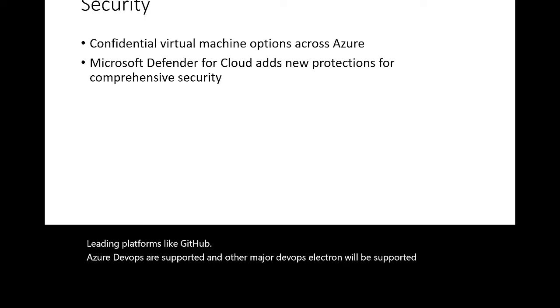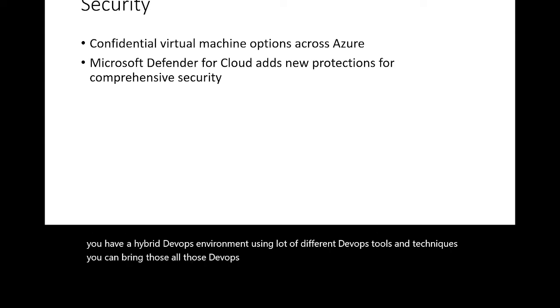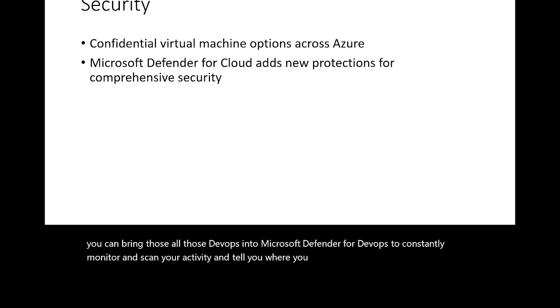So if you have a hybrid DevOps environment using a lot of different DevOps tools and techniques, you can bring all those into Microsoft Defender for DevOps to constantly monitor and scan your activity and tell you where you need to make changes.